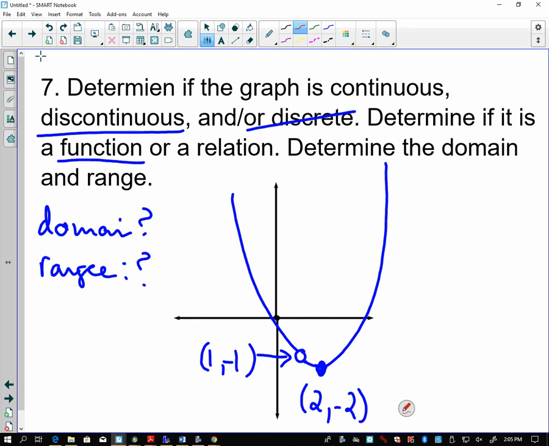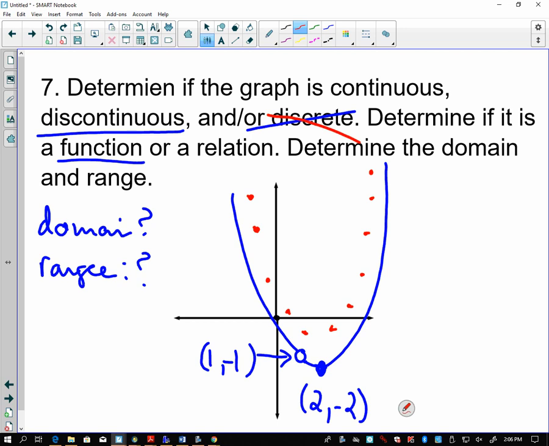So a discrete discontinuous function would look something like this, with no lines. All it is points. Okay, that's discrete. Does that make sense? Okay, so we're familiar with that. All right, so this is not discrete because we do have line segments included here.